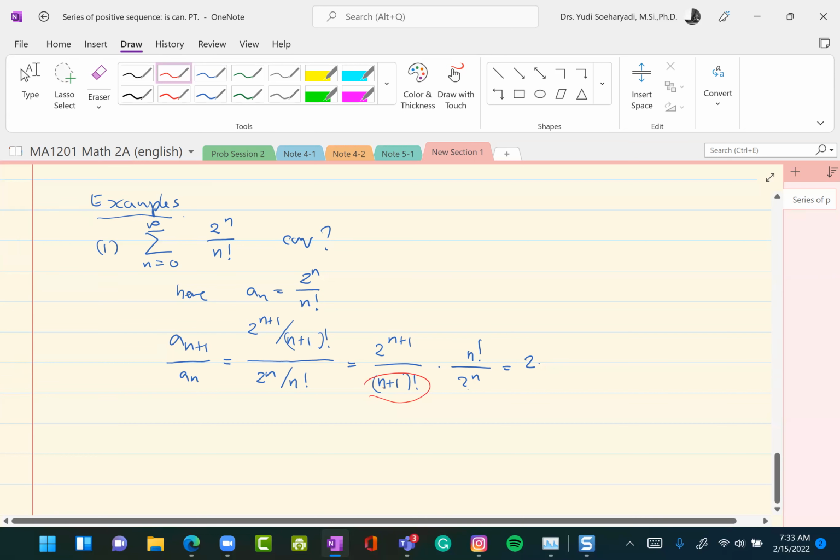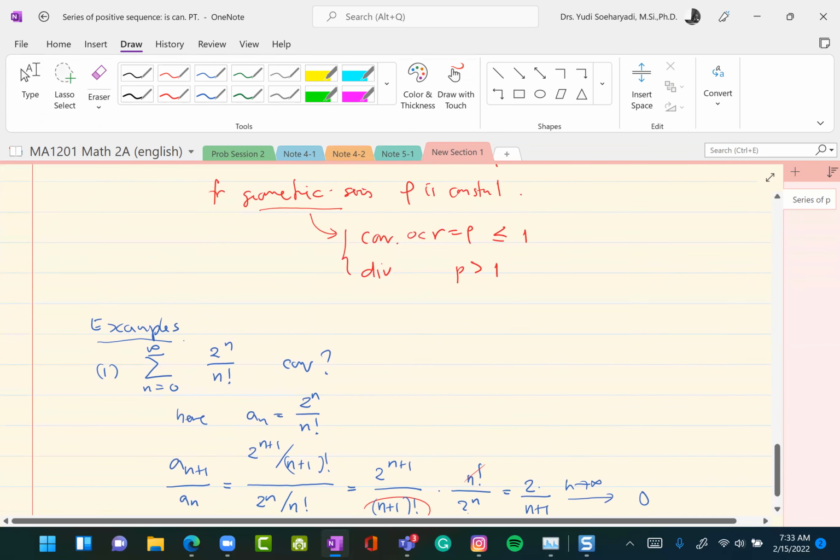Recall that (n+1) factorial means n factorial times (n+1). So you cancel the n factorial, leaving just n plus 1 in the denominator. Of course, if you take the limit as n goes to infinity, n large, this goes to 0.